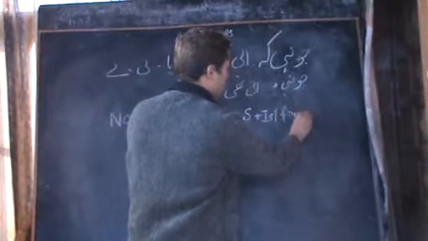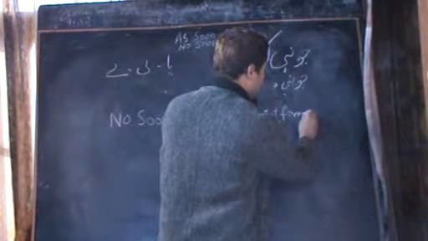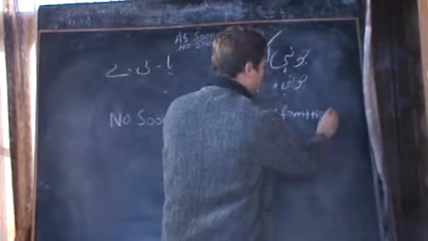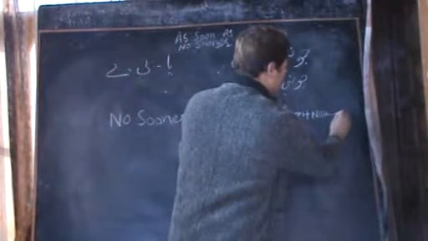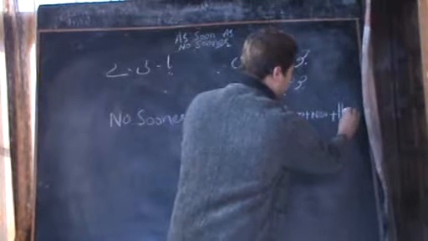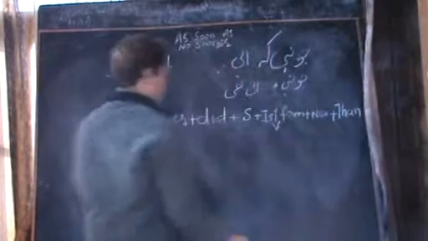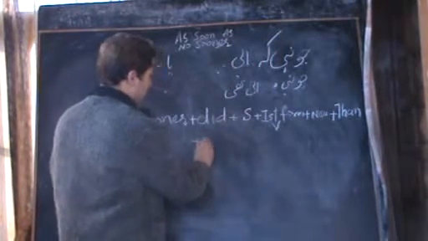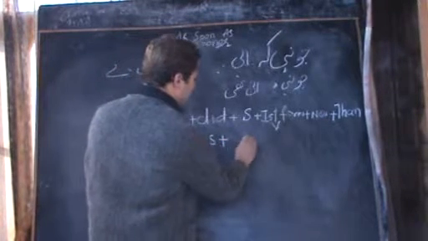V is verb. Then it can have a noun, another noun, or whatever. Then the next part would start, and that is then. Then it will be subject, then the second form of verb.